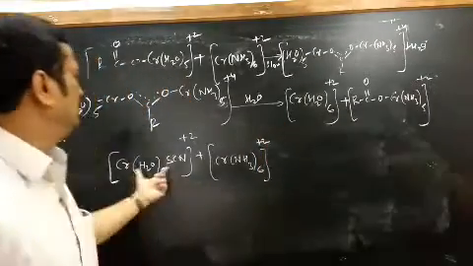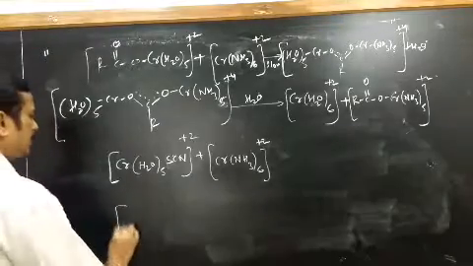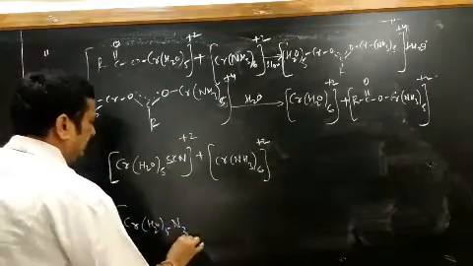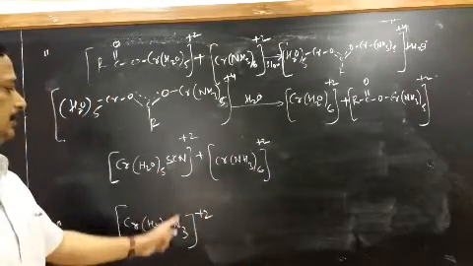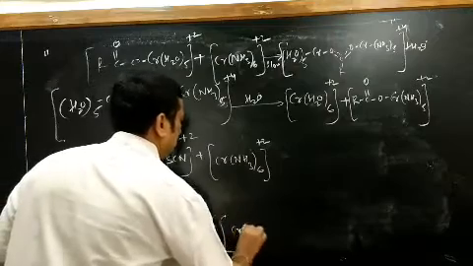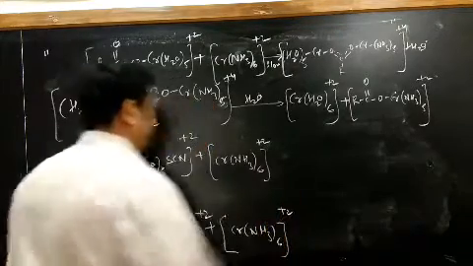Now I have taken the thiocyanate here, and one more bridging ligand you can also take here: [Cr(H2O)6] with azide, N3 minus. I have taken the thiocyanate as a linking ligand here, plus the same thing here, and NH3 6 times.